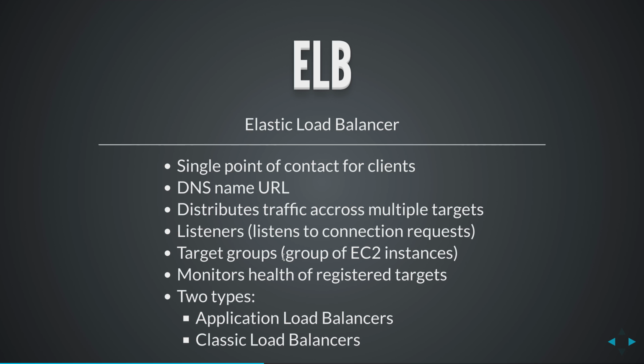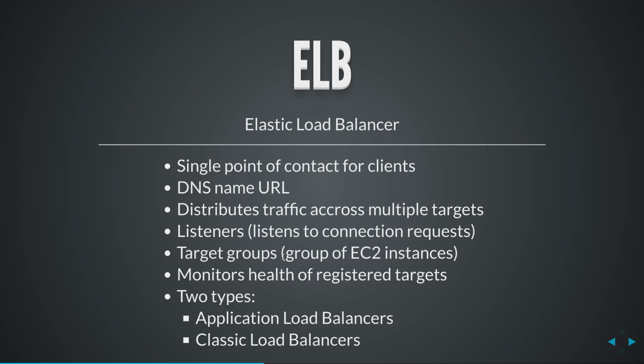It has listeners. It listens for certain connection requests, and the connection request we're going to use is only HTTP. It distributes traffic across multiple targets, being the EC2 instances that are in the target groups, and it monitors the health of registered targets. So once a target is no longer available, it will not try to distribute traffic to it.